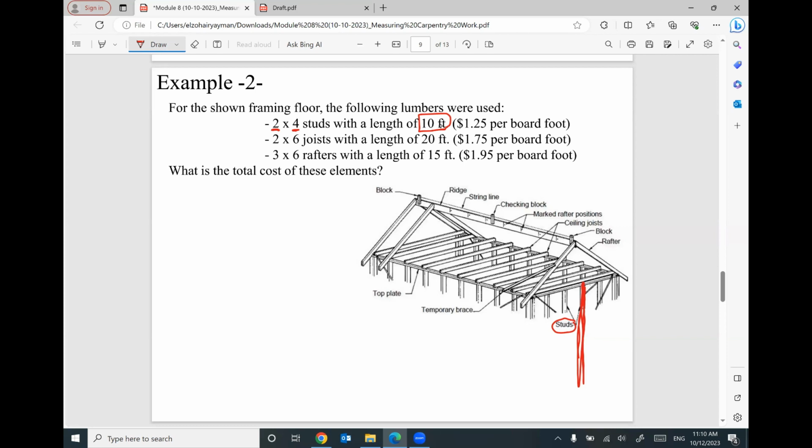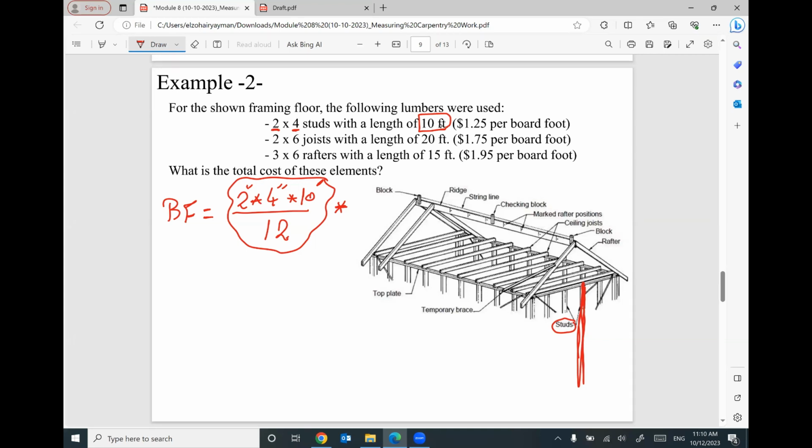So the board foot for the studs equals: the cross section is given 2 by 4 inches, the length of one piece 10 feet divided by 12. This is how to convert one piece to board foot. The two dimensions in inch, width and thickness, by the total length in feet, divided by 12. And this stud is repeated many times.